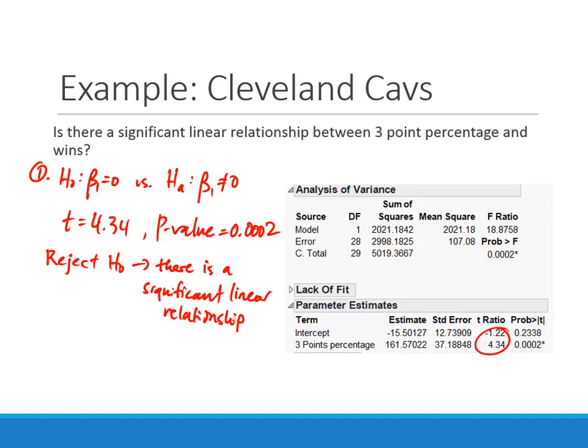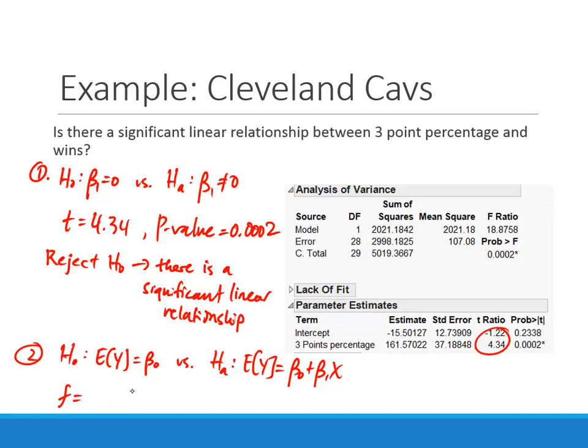What's the other equivalent way of testing that? Is there a significant linear relationship? F-test, exactly right. So I want to test that the expected value of my wins is equal to just a constant versus it's equal to this linear relationship. Again, your test statistic is up here.